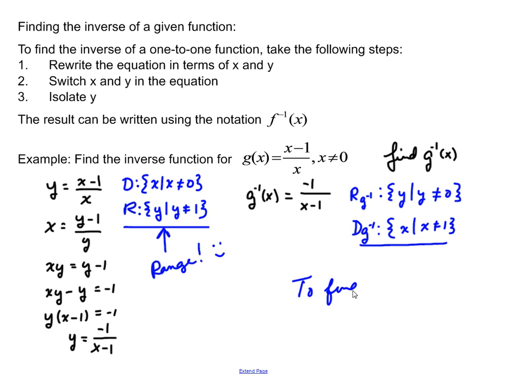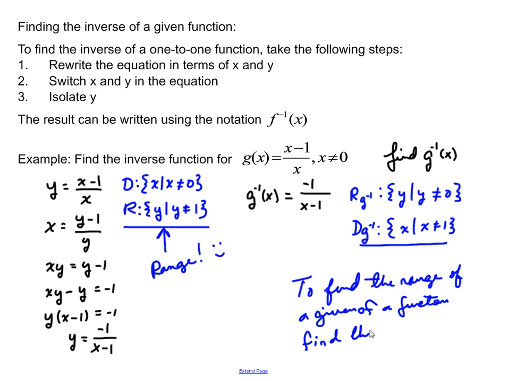To find the range of a given function, hopefully a one-to-one function, find the domain of its inverse. There we go. So another great method, all for the price of one. Okay, more to come in the next video.